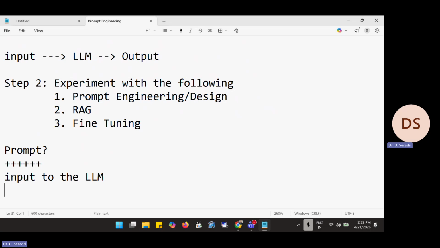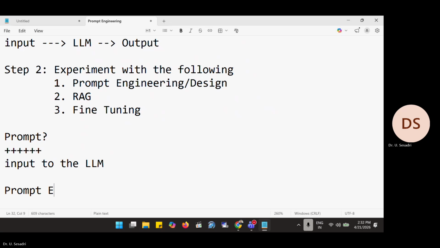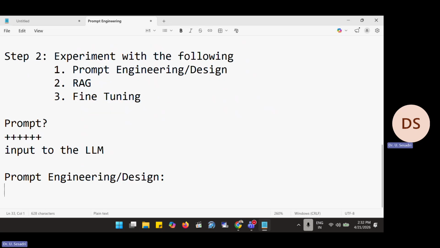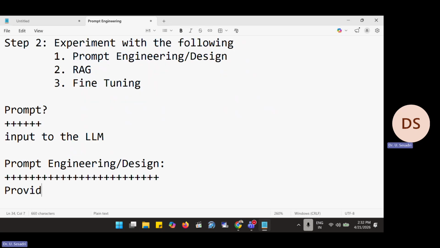Prompt engineering is nothing but providing input to the LLM.